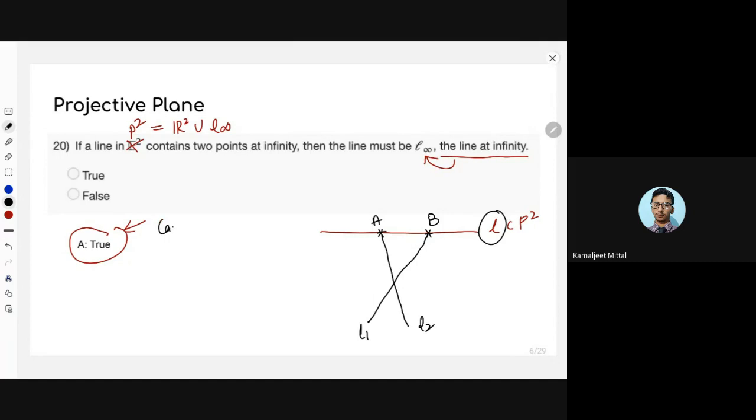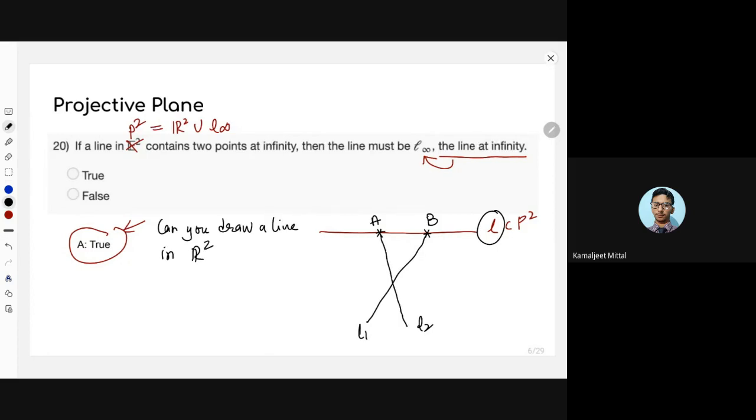So now the question is, can you draw a line in R2 with 2 points at infinity?